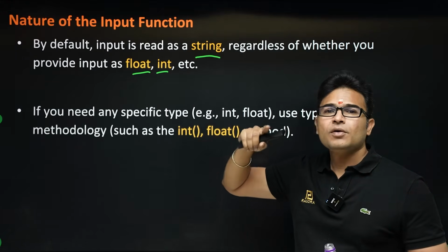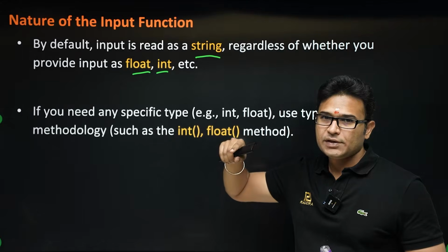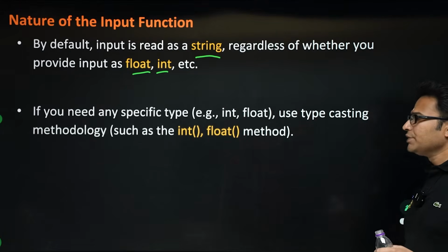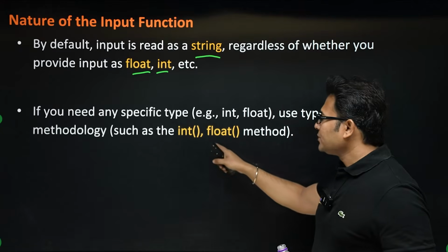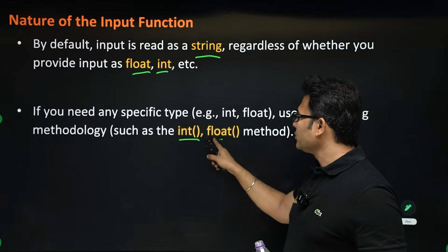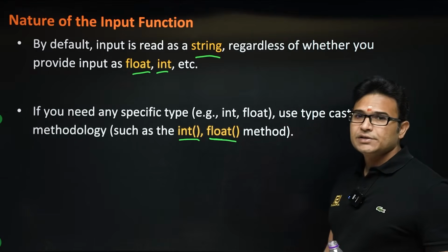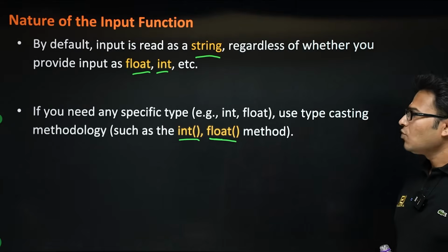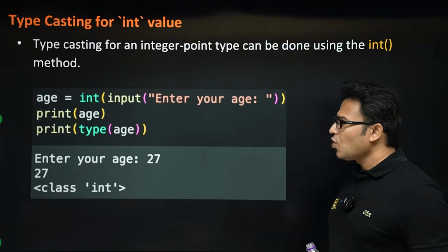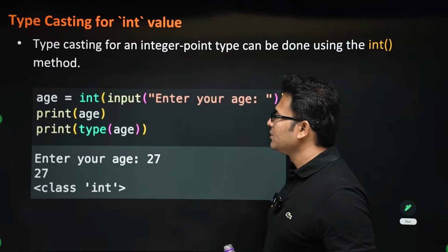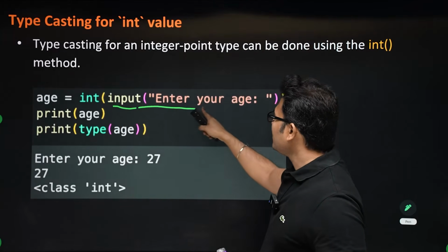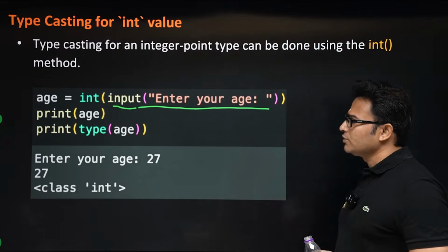Now, you cannot perform certain operations on a string, right? If you want to perform those operations, you could use the functions int and float, or there are many more functions like that. If you want the input to be an integer, this is common: you write input, enter your name, as before.